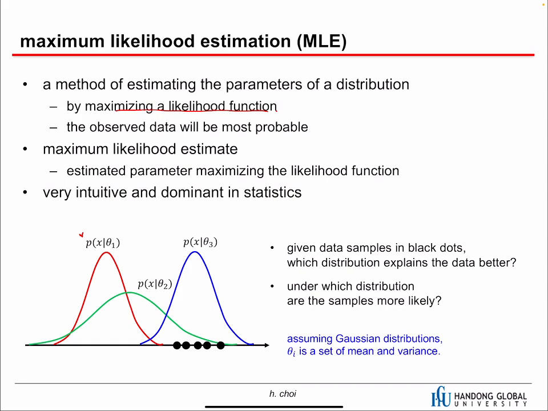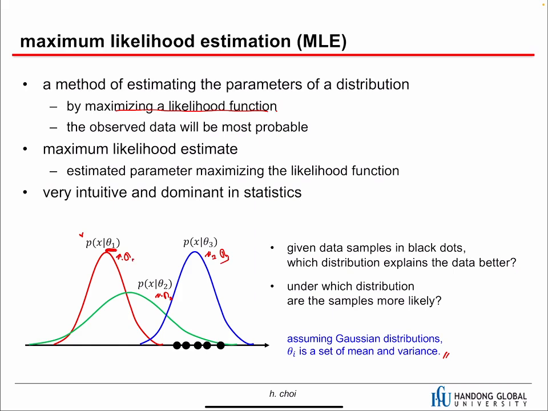So we have a functional form for this density function. For example, we can think of a Gaussian distribution here. Then theta 1 and theta 2 will be a set of mean and variance. Theta 1 has a mean and variance, theta 2 has its own mean and variance, and theta 3 has its own mean and variance.